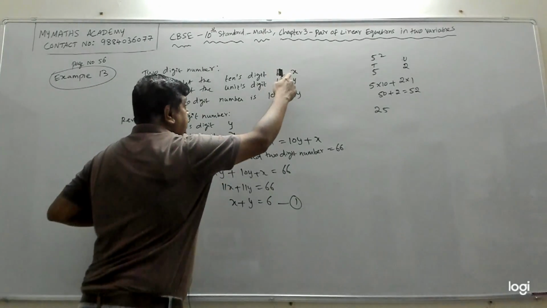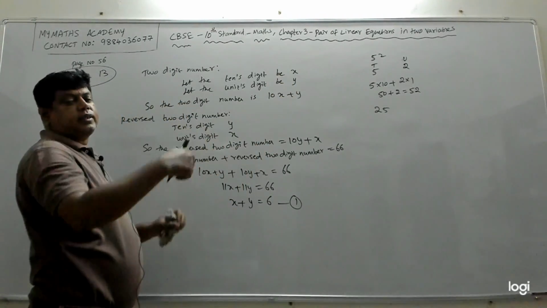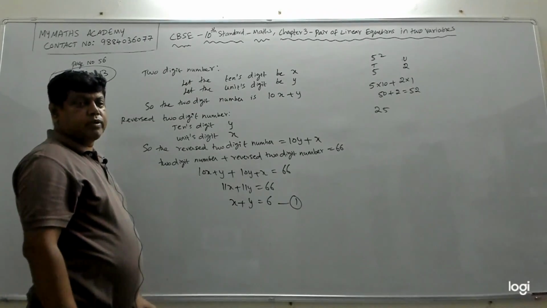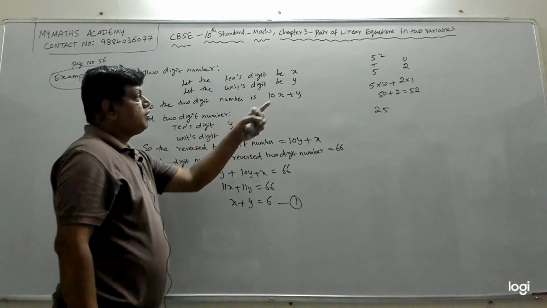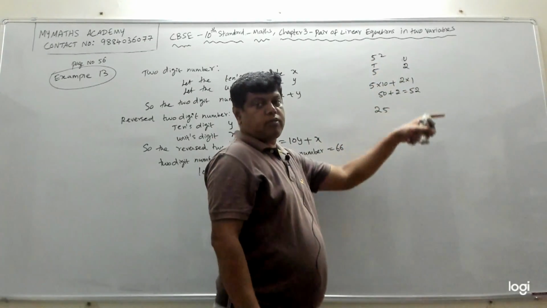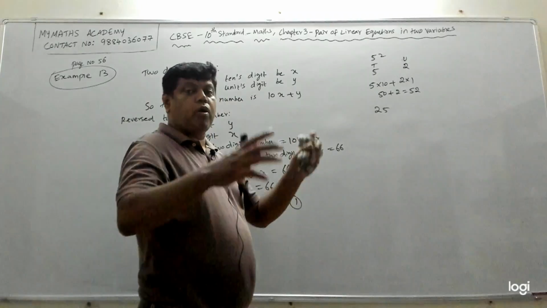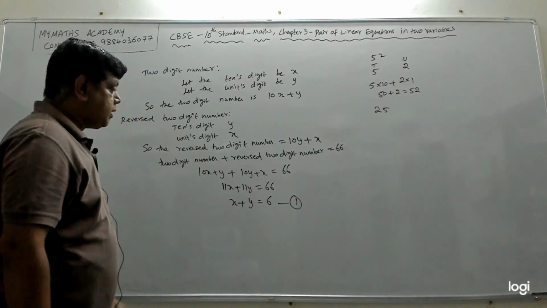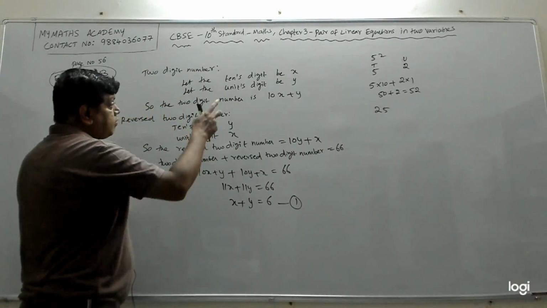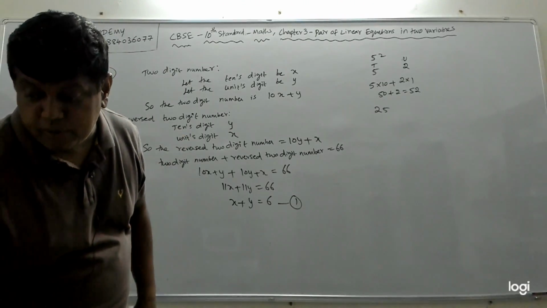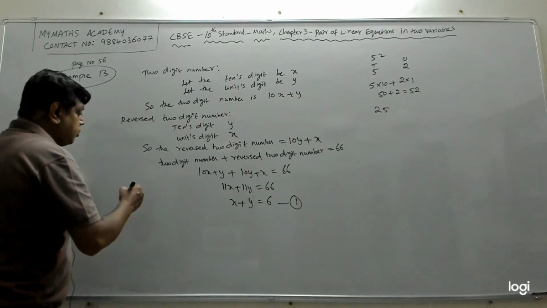So we have two cases. Either it can be x minus y, or y minus x. We don't know which number is greater. We can't assume x is greater. If it is 52, then x is greater. If it is 25, you can't say your tens place will always be bigger than your ones place, right? So since the difference is 2, we should take two cases.